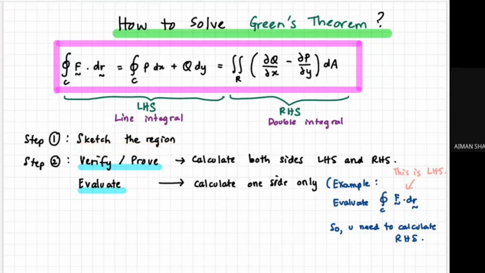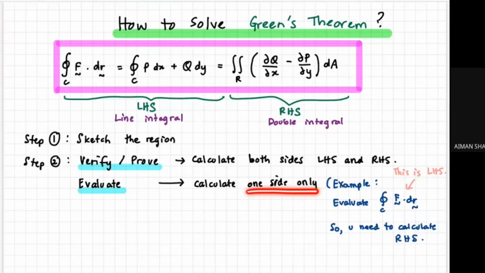Then step number 2, you have to identify whether the question asks you to verify, to prove, or just to evaluate. If the question asks you to verify or to prove, you have to calculate both sides, left hand side and also right hand side. If the question just asks you to evaluate, you just calculate one side only.